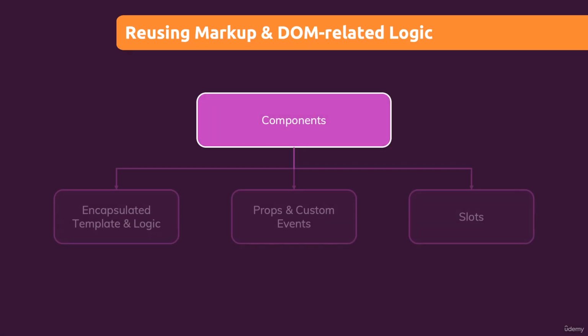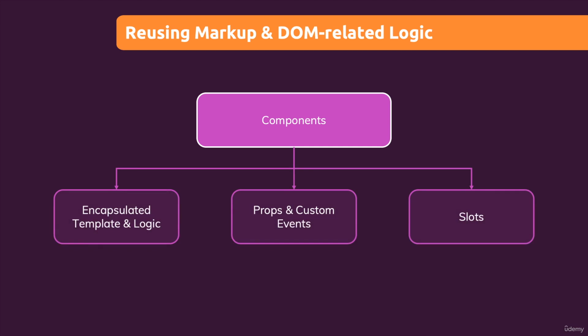Even with components which are great for having an encapsulated template and logic, customization options with props and custom events and slots, even with those components and even with this powerful concept, we sometimes are left with some code which we would want to reuse, but which we can't share as easily.